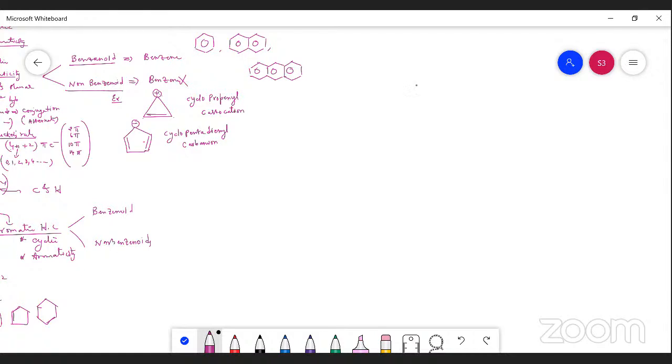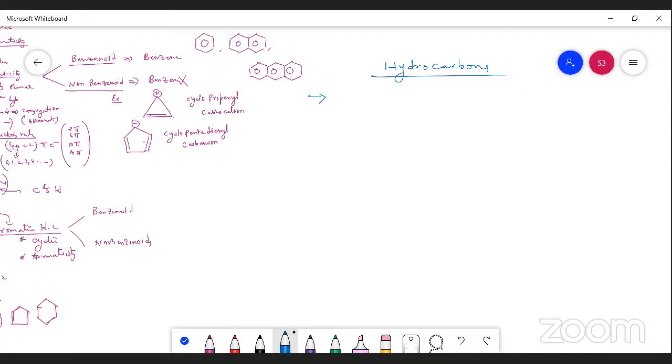So let us start. Hydrocarbons. If you see the hydrocarbons, yesterday we discussed two types: saturated hydrocarbons and unsaturated hydrocarbons.